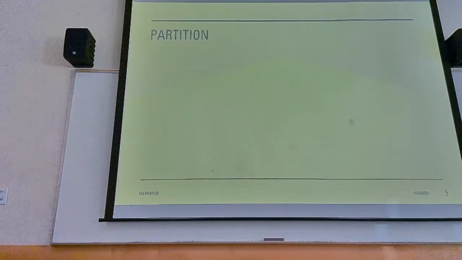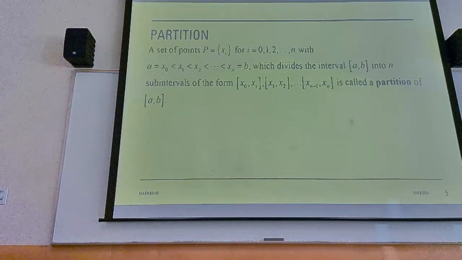Partitions. A set of points x0, x1, x2 up to xn, with a being x0, b being xn, and then they're sequential.